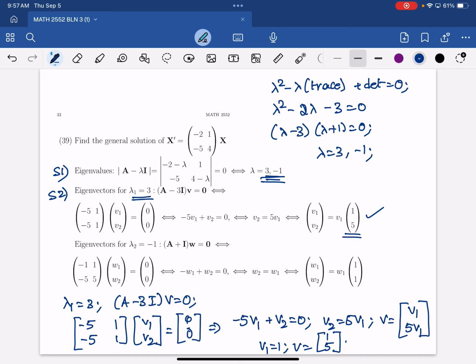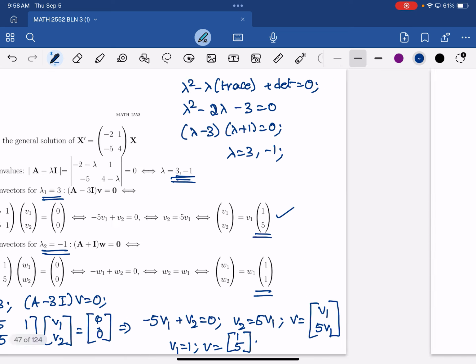Are we together? The next thing is when my eigenvalue is negative 1, my claim is the eigenvector will be (1, 1). Are you on board with that, running through the same process? From here I get my general solution.